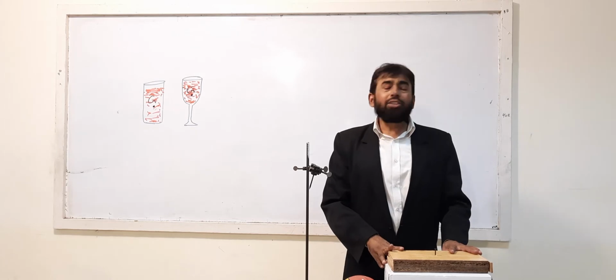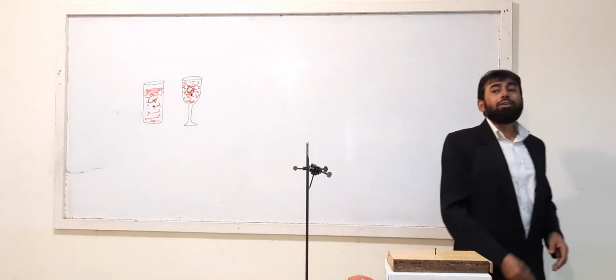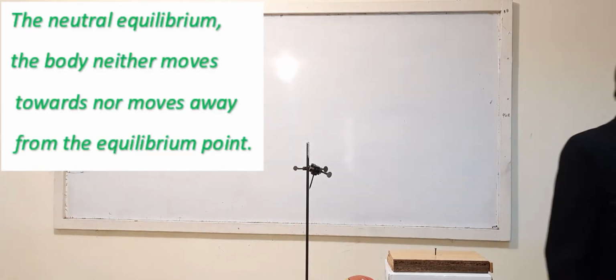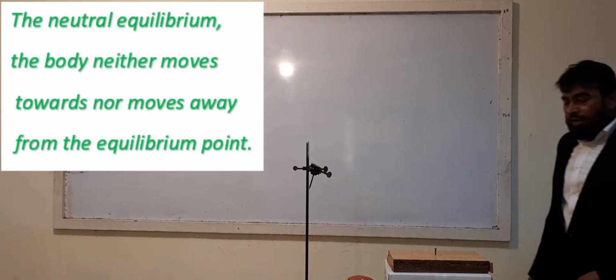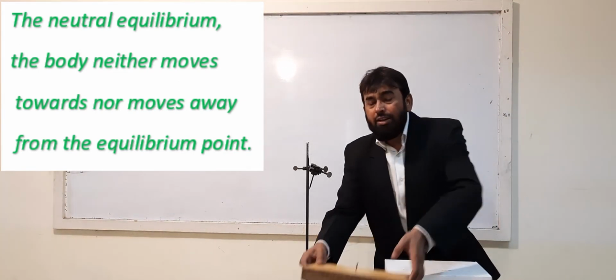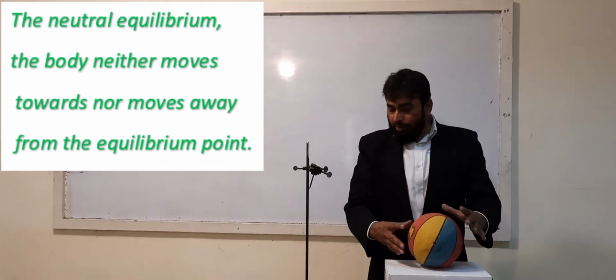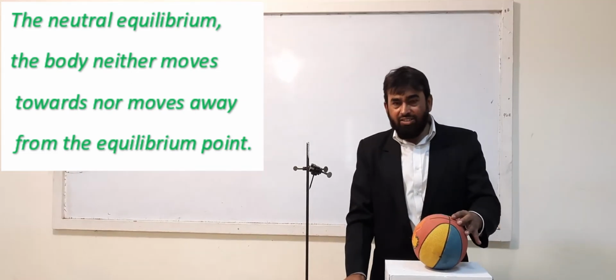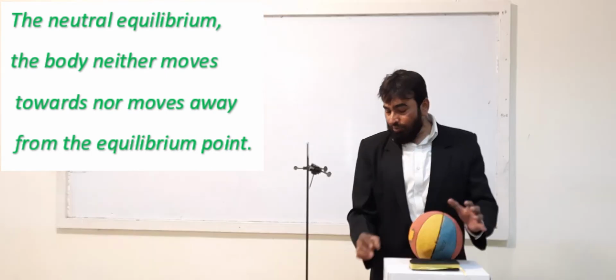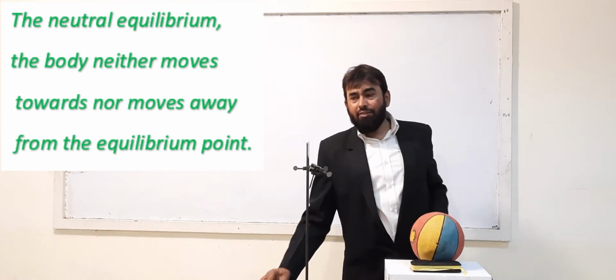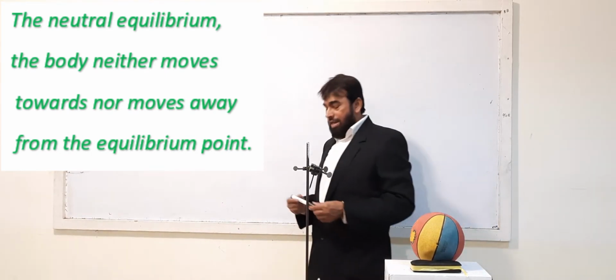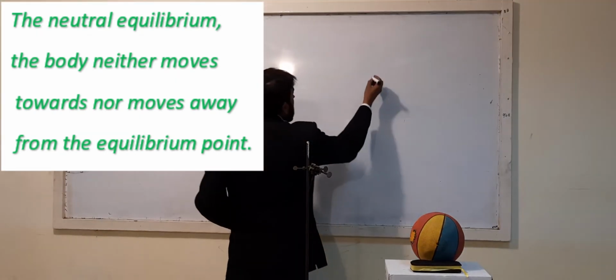Now the third type of equilibrium is called neutral equilibrium. For neutral equilibrium, you can take the example of this ball. You know that the ball has a center of mass, a center of gravity. Where is the center of gravity of this ball? At the center?